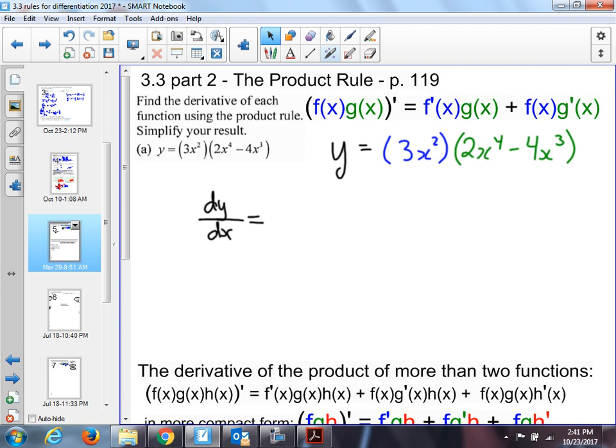Now, how do we read this rule? Think of blue as the first function, green as the second function. The rule says if you're doing the derivative of this, take the derivative of the first function, leave the second one alone, as it originally was. So the derivative of the first function, 3x squared, is 6x. The second one, don't touch a thing.